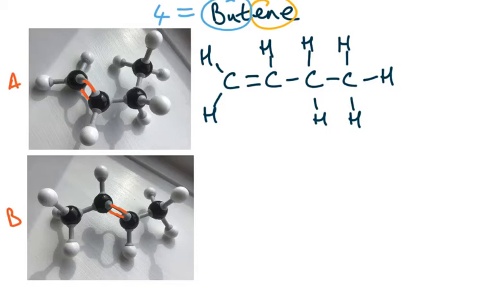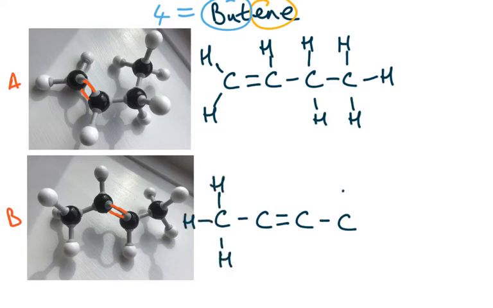The second possibility, if we look at molecule B, so this is isomer B here, is that I've got single bonds, then I've got my double bond, and then I've got another single. And so the way that I would draw this on, I've got 4 hydrogens on each end, and then in the middle, each one of these has got 1 hydrogen.